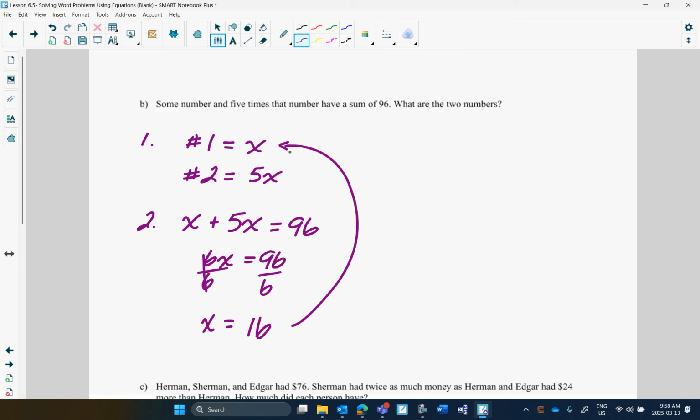So I know, I'll just write it here, one number is 16, and the other is, how do I find it?